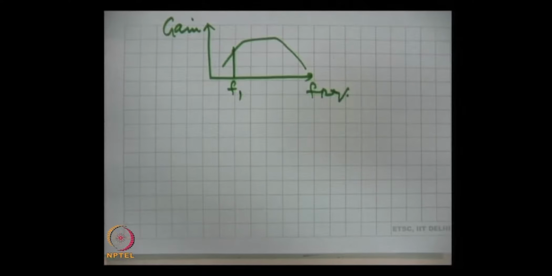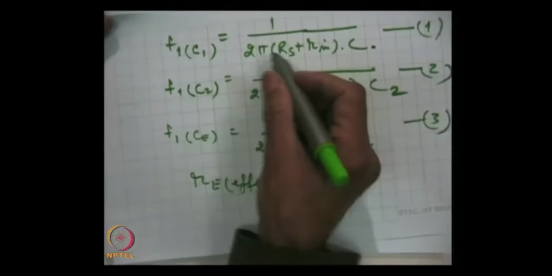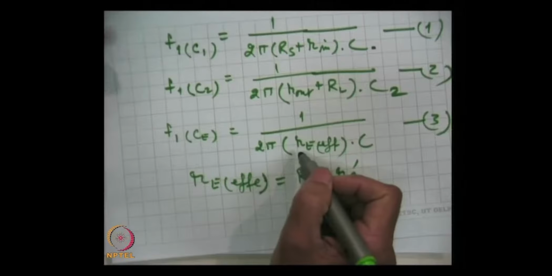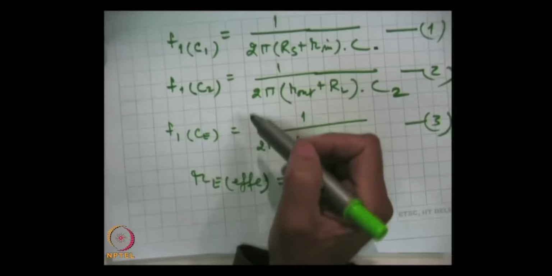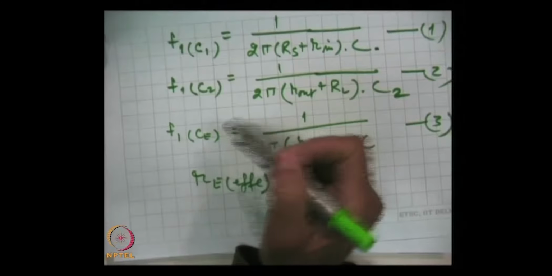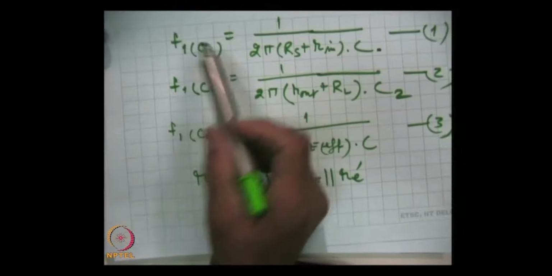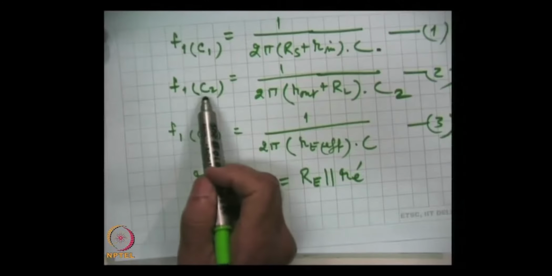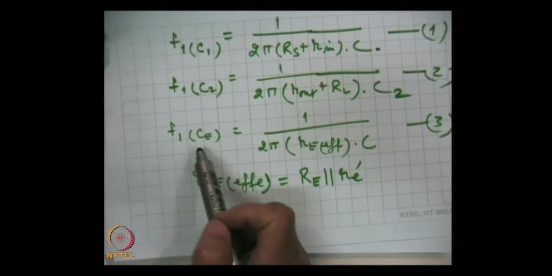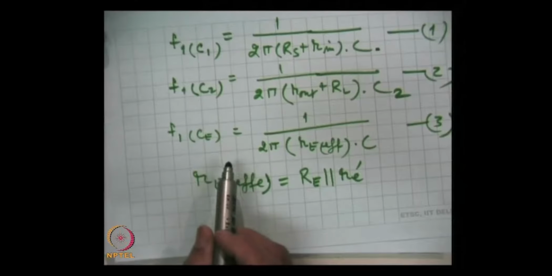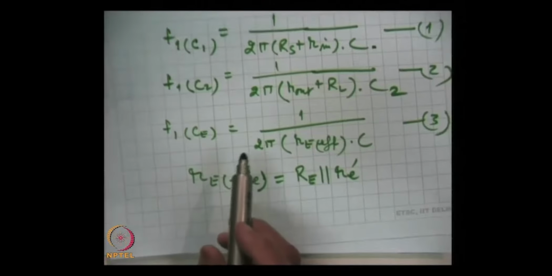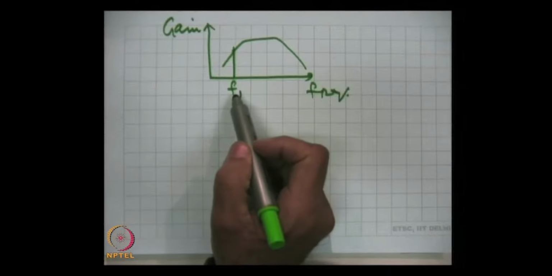Now, here we are getting 3 cutoffs for the lower cutoff. This is important: out of these 3, whichever has the highest magnitude, whether f1 c1 or f1 c2 or f1 ce, that will be the lower cutoff.